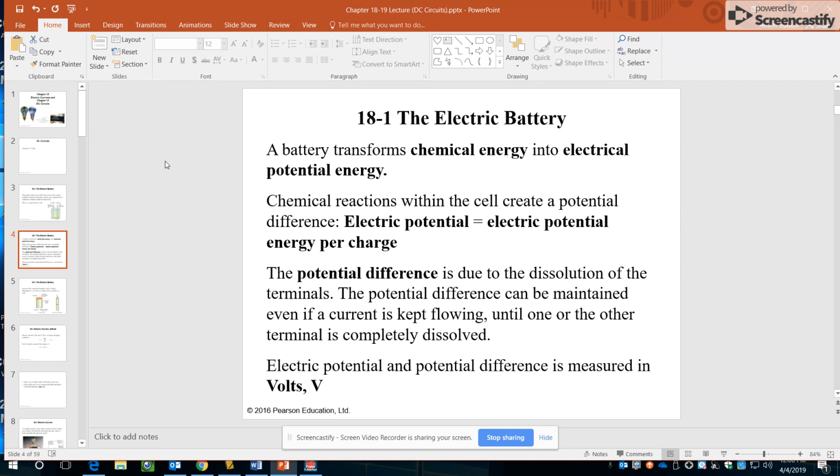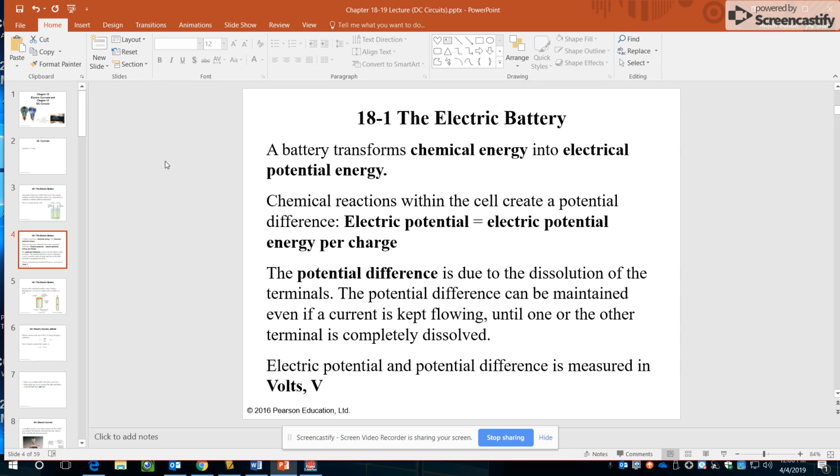The potential difference can be maintained even if a current is kept flowing until one or the other terminal is completely dissolved. So if the chemical reaction has been spent, there's no longer chemical potential energy available to transform into electrical potential energy, and the battery, we say, is dead.